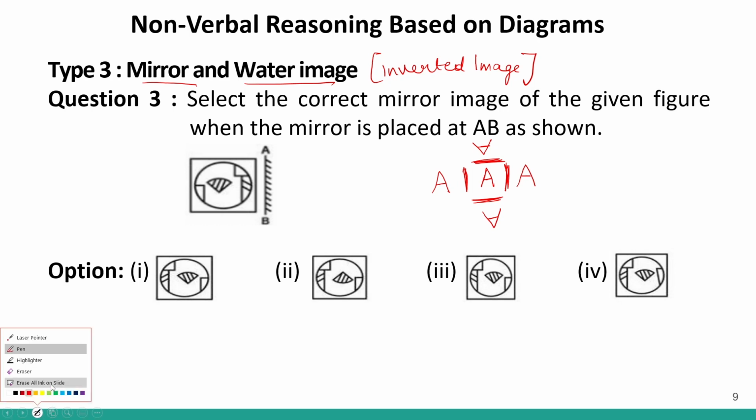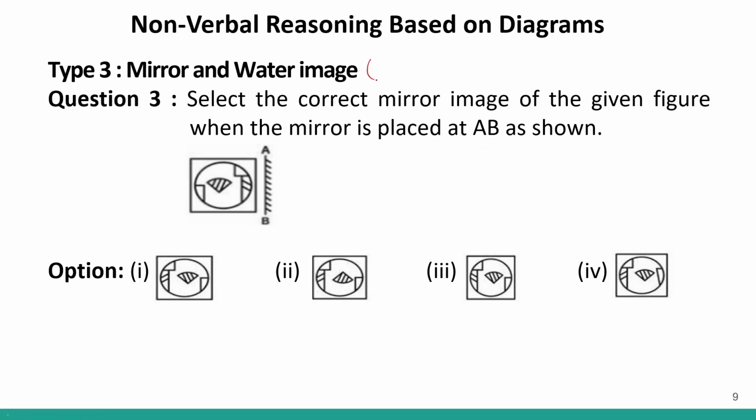Now let us look at this. So we have to find the inverted image. Now, if A and B is over here, the square will remain the same. We'll get the same square in the mirror image. Correct? Then we'll get the same circle. This will not change. The circle will be the same. Correct? Then if I look over here, there is a small triangle.